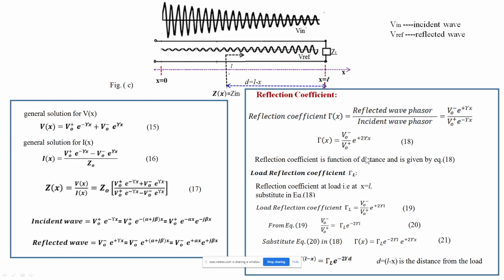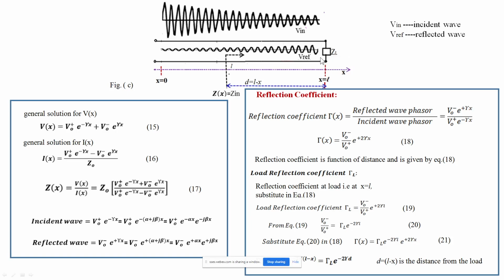So it is a very important parameter, reflection coefficient over a transmission line, because at any position it says how much reflection is there. Actually we do not want this reflected wave. Okay, what we are expecting, this entire incident wave must be dissipated in the load resistance or a load impedance ZL.